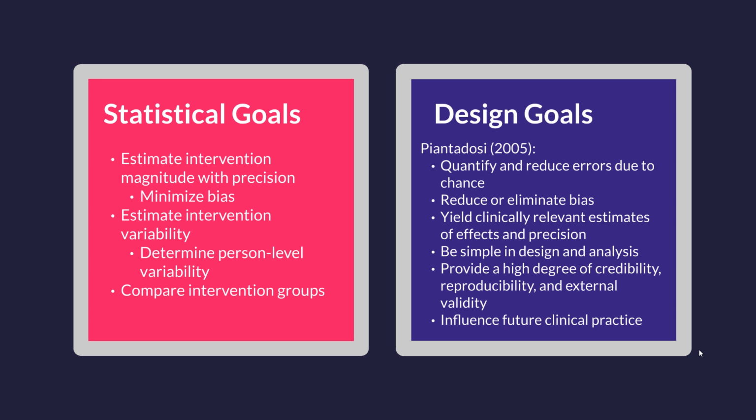For the design goals, these have been classified very well by Piantadosi in 2005. You can see the course syllabus for the listing of that textbook. Piantadosi states that the design goals are to quantify and reduce errors due to chance, so to minimize bias, reduce or eliminate bias, yield clinically relevant estimates of effects and precision.